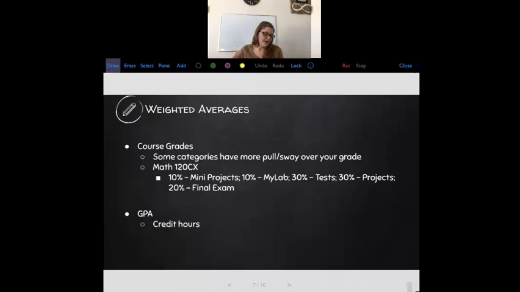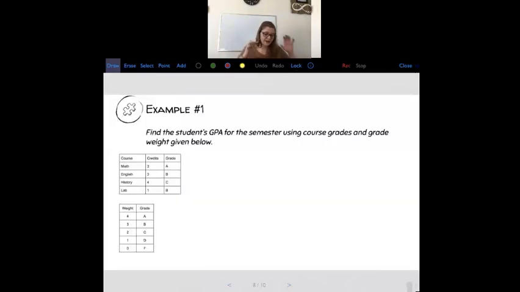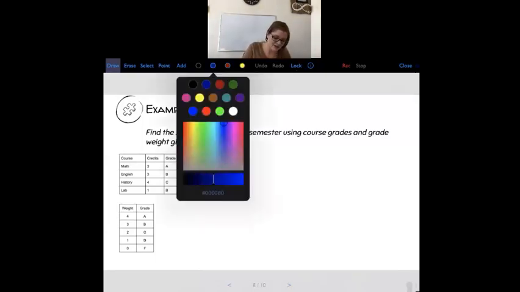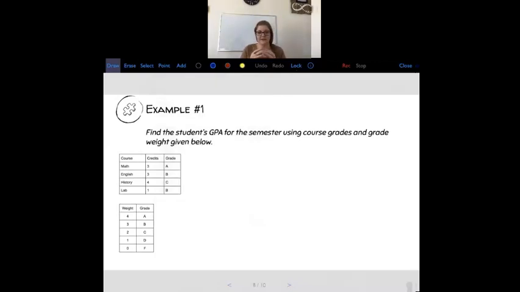Another example of weighted averages is GPA, and the way that's weighted is by credit hours. An A in a 5-credit class has more pull than an A in a 1-credit class, so it's based on those credits. We're going to do an example calculating GPA. The reason GPA is a weighted average is because we're still using the principle of averages, where we add up the numbers and then divide by the total number of items.